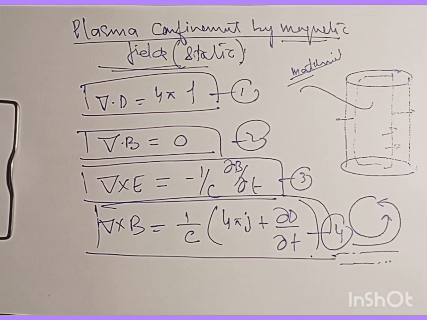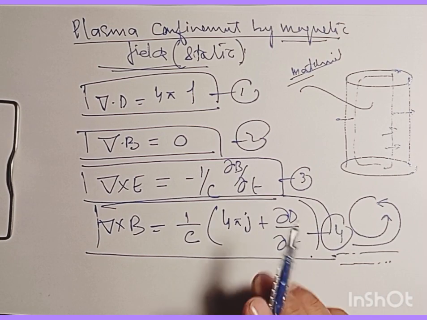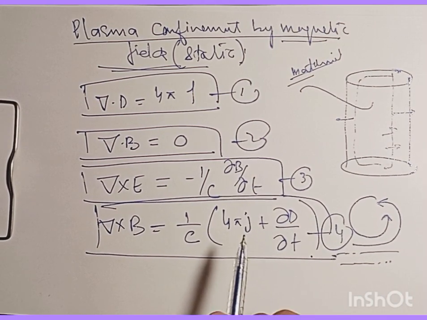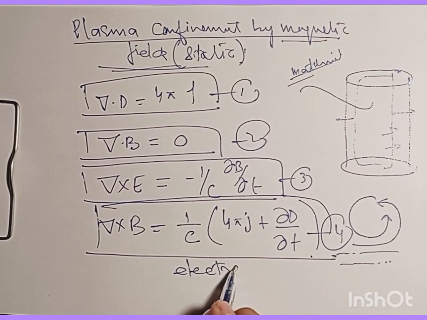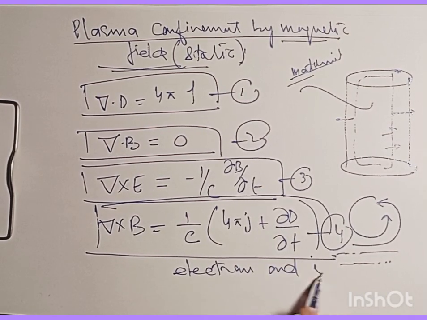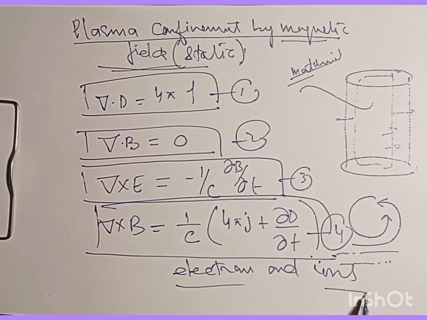The point here is that the plasma is assumed to consist of electrons and ions, and they are free to move independently, so the collisions are neglected in this problem.